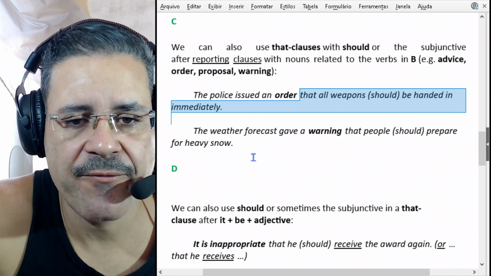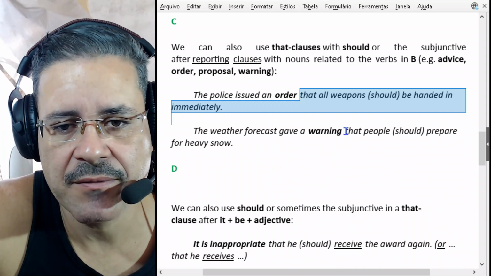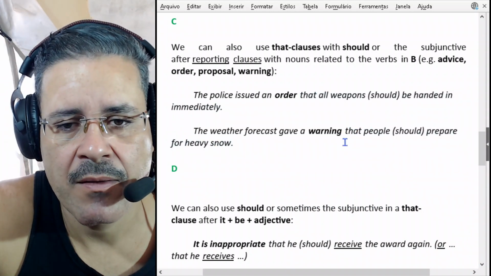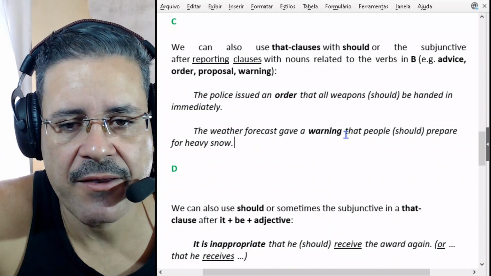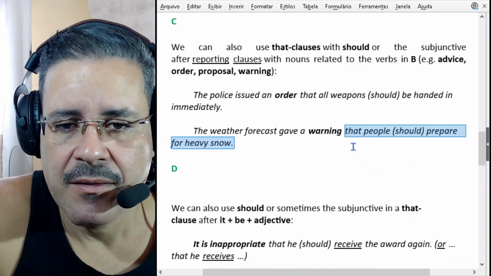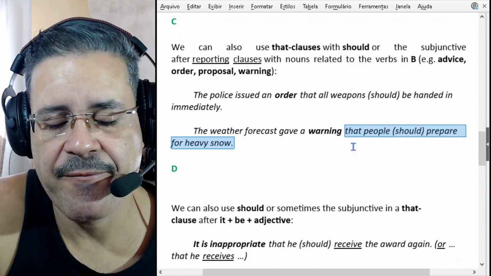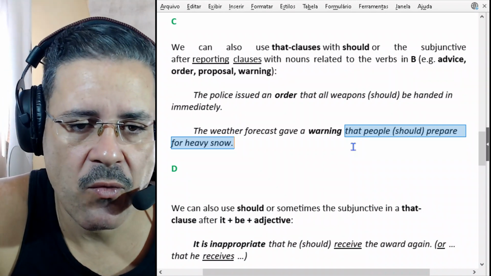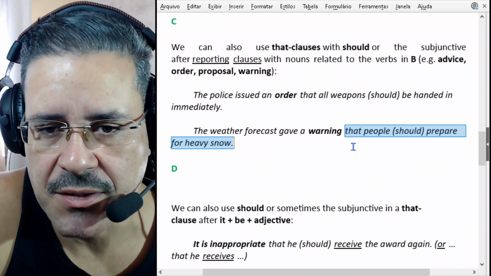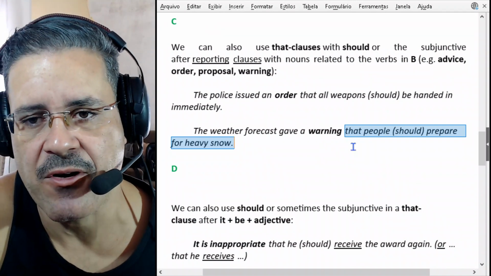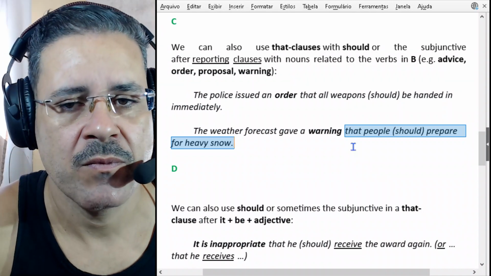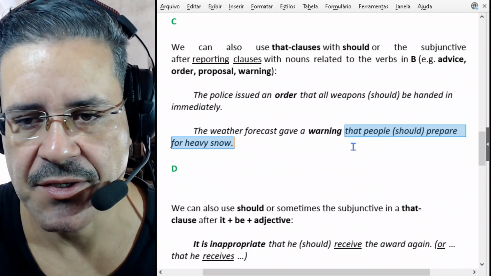Or the weather forecast gave a warning. The weather forecast gave a warning that people should prepare for heavy snow. Or the weather forecast gave a warning that people prepare for heavy snow. So we're using the subjunctive without to.